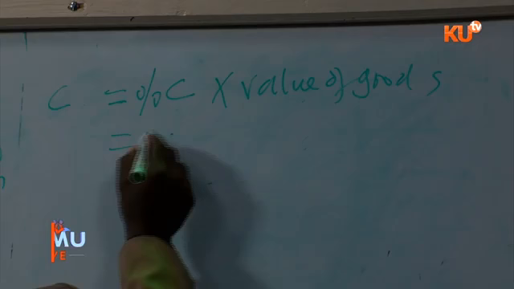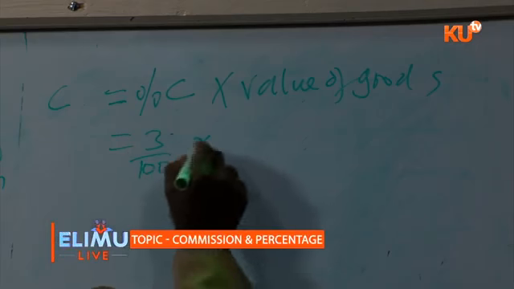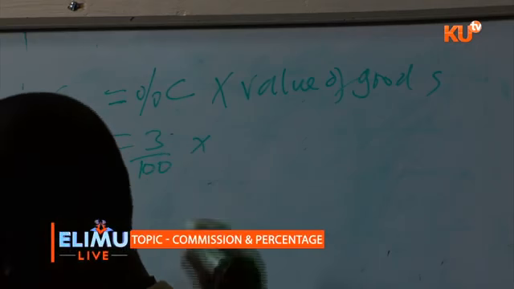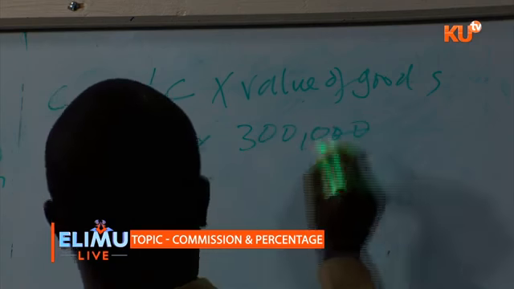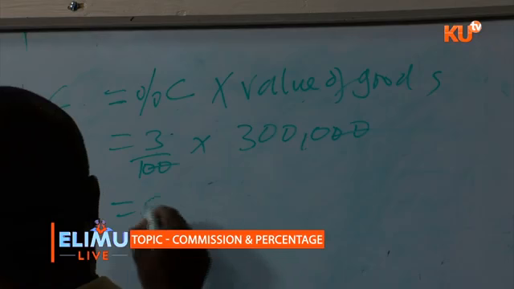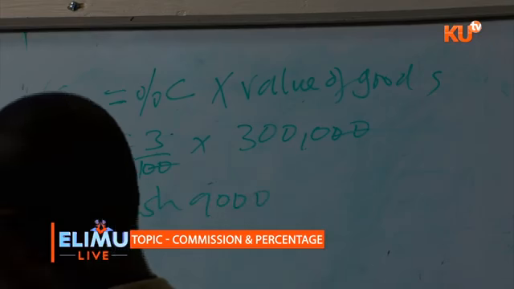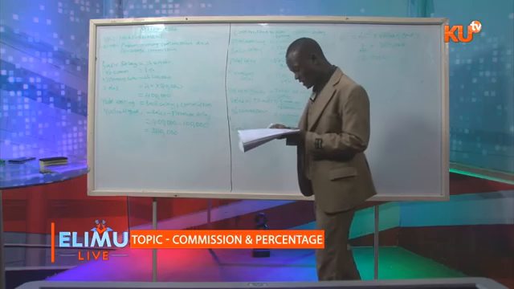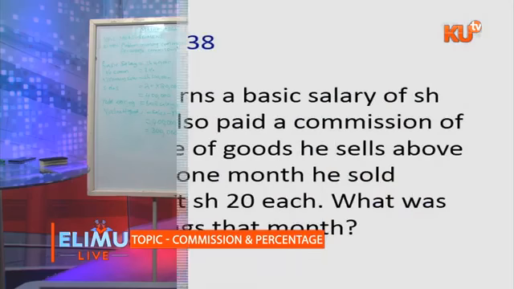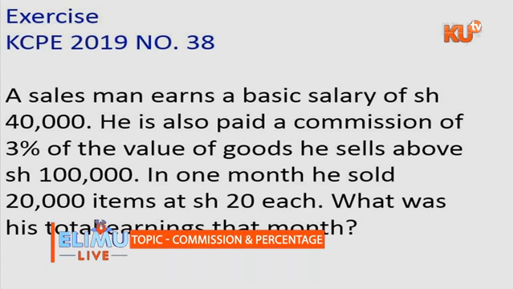The commission was 3%, which is 3 over 100, times the value of goods, which was 300,000. When you work that out, you get 9,000. So the 9,000 that you get is the commission. Now the question requires us to find the total earnings. What was his total earnings?